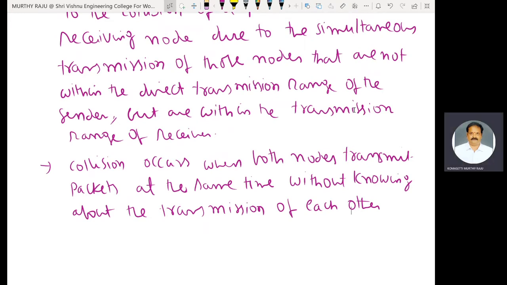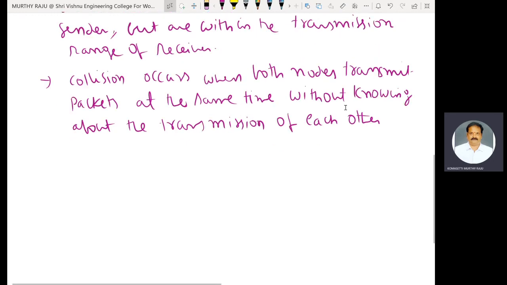In this example, both nodes S1 and S2 transmit to node R1 at the same time. Their packets collide at node R1. This is S1, this one is R1, this one is S2.